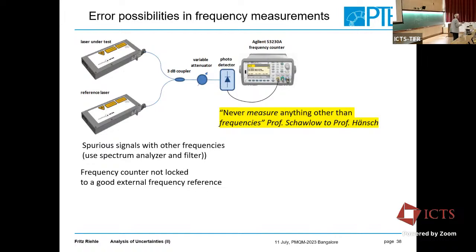The recipe to solve this problem is easy. Each one of these counters has an input for a reference frequency.